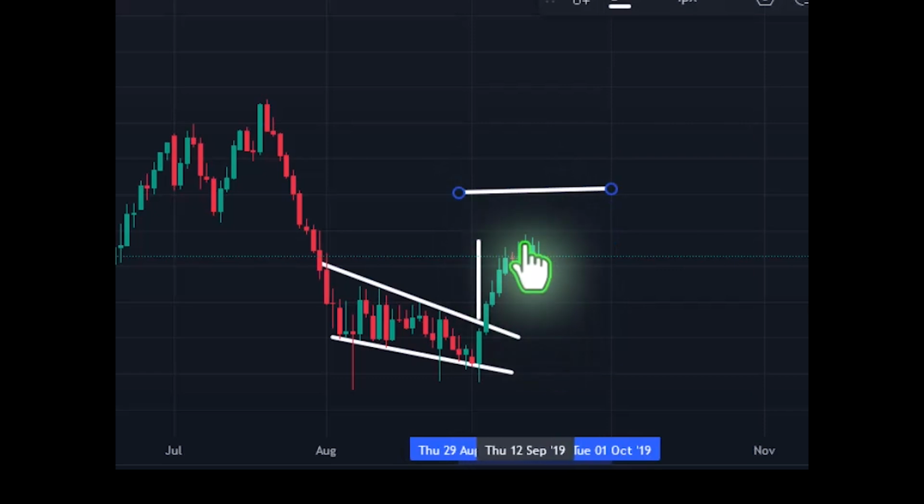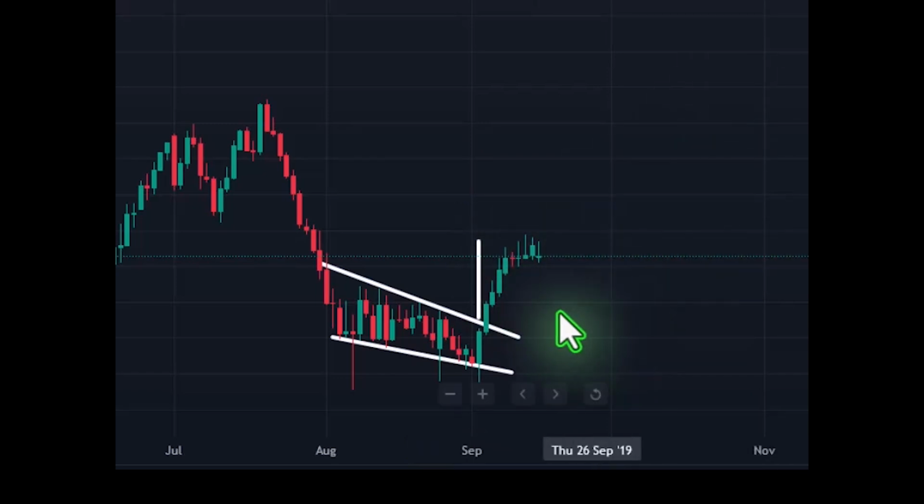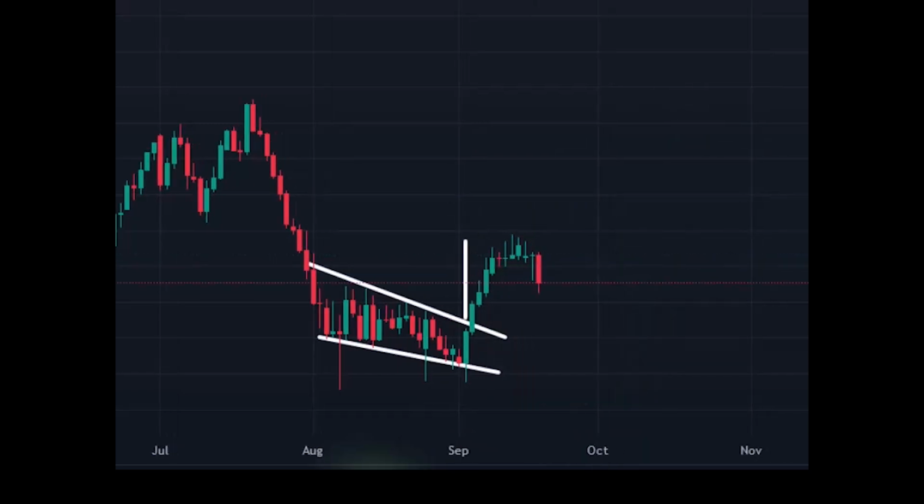But when you are seeing a signal such as this, it's not a positive sign. It's a sign for you to get out of the market. Because if you don't, you can see after this, price started reversing. So it's always good to take profit at this point, but watching the candles that are formed after the breakout can tell you whether you are to let your profit run or not.